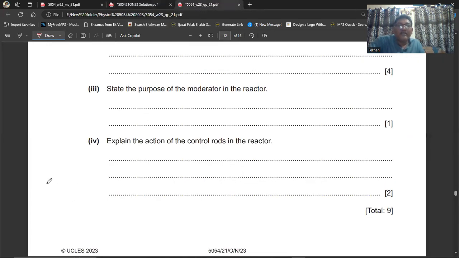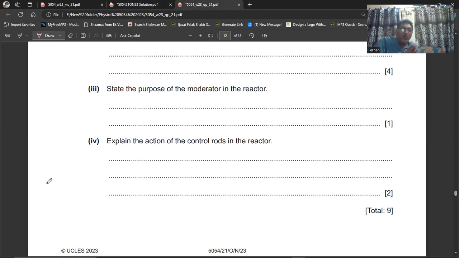And the fourth part is: explain the action of the control rods in the reactor. The function of the control rods is to absorb the neutrons. When they absorb the neutrons, those neutrons cannot do fission of the uranium-235.